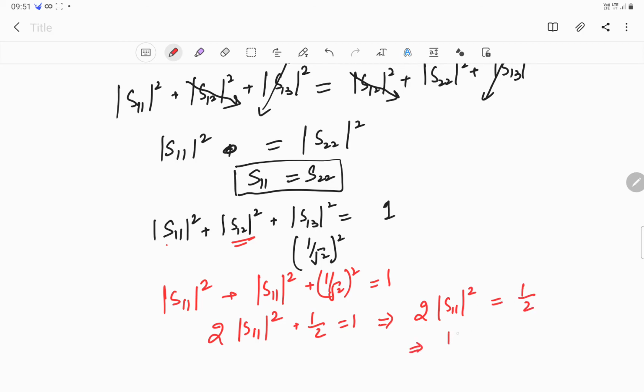This means S11 square is equal to 1 by 4, which means S11 is 1 upon 2. So this is our S11. Therefore from this equation S11 is 1 by 2, and so is S22. So this would be 1 by 2.